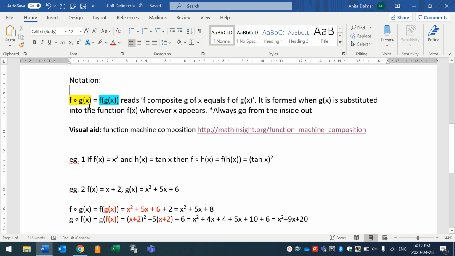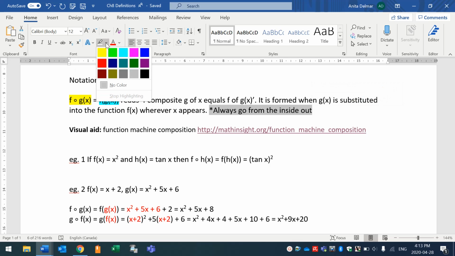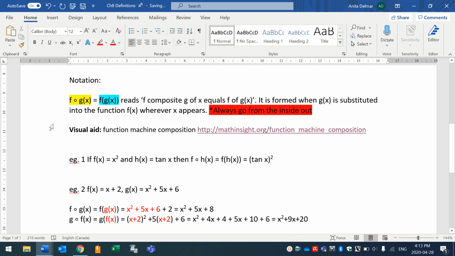So f composite g of x equals f of g of x, or f at g of x. Either one is fine. It is formed when g of x is substituted into the function f of x wherever x appears. And this is really important. Always go from the inside out. Super important. I'm going to highlight it in red.